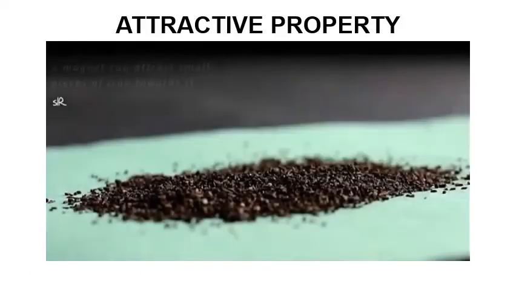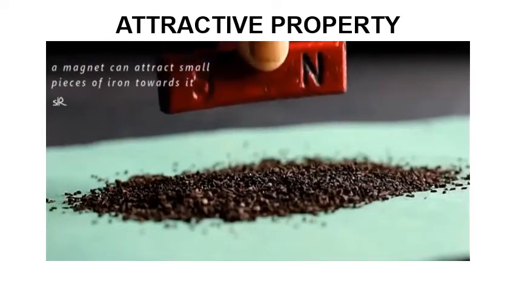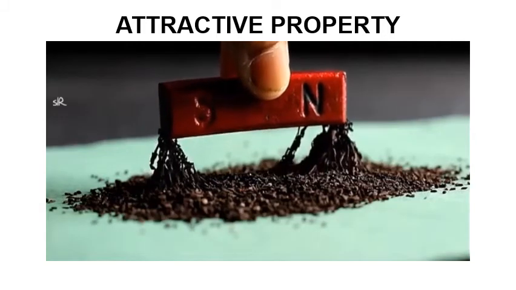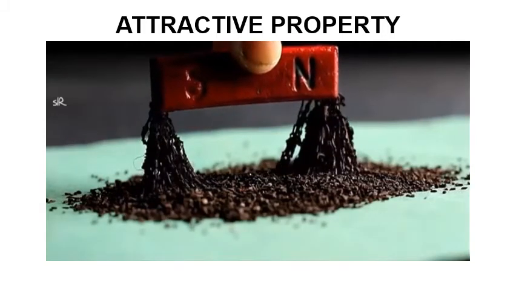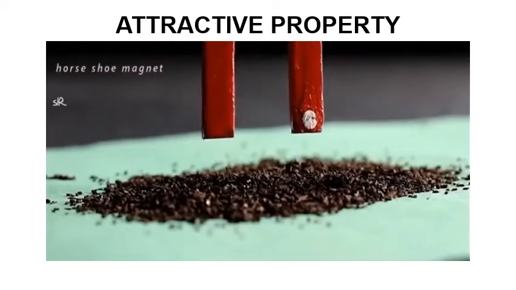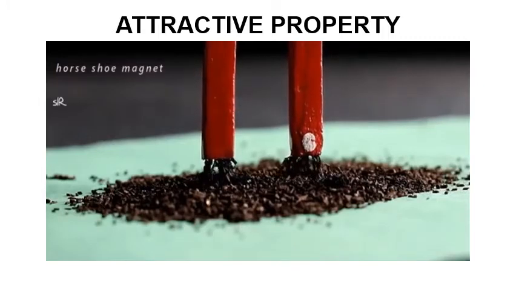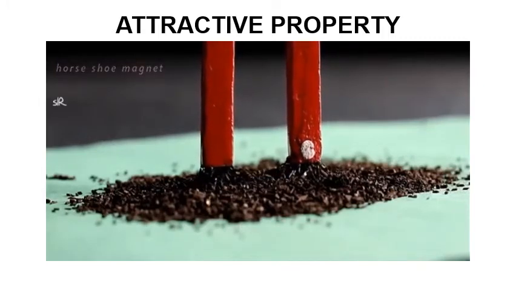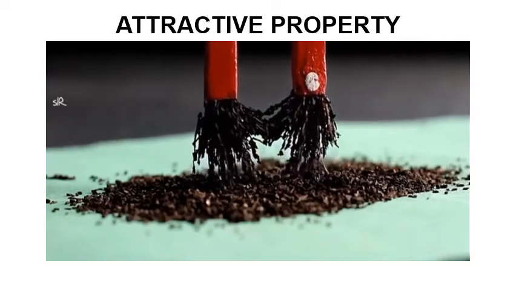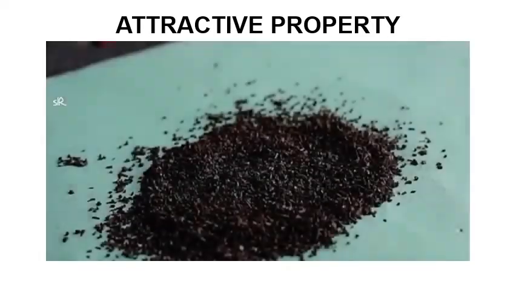Attractive property of a magnet. A magnet can attract small pieces of iron towards it. Here a bar magnet is brought near iron filings, and these iron filings have been attracted by the magnet. This is a horseshoe magnet being brought close to the iron filings, and you see that they have been attracted.